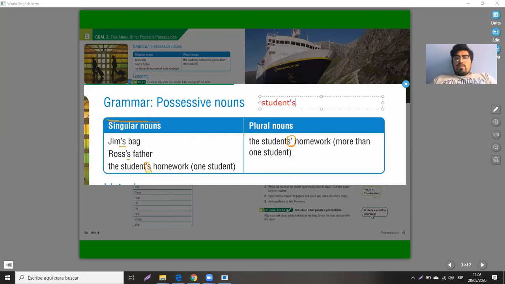Yes, student's. Now, how do you say student in plural? Students. Very good. So now, what is the possessive noun of students? Apostrophe S? No. In plural, no S. Only apostrophe. Okay?